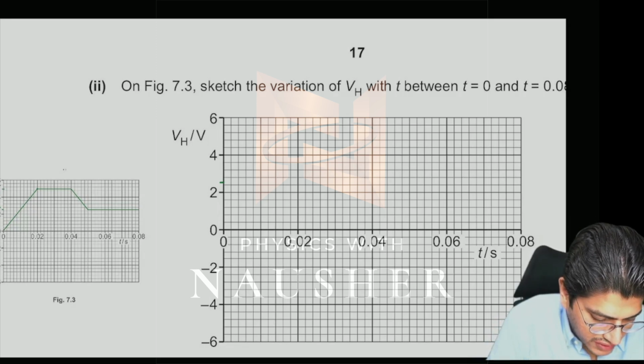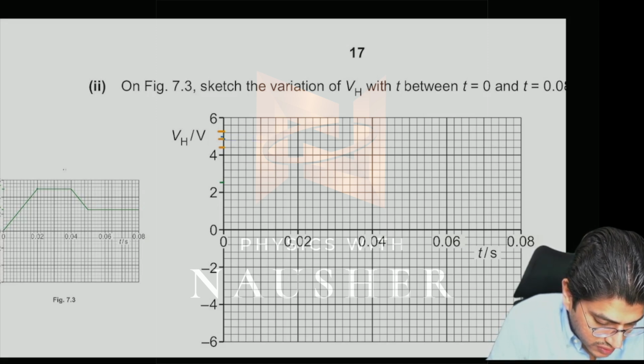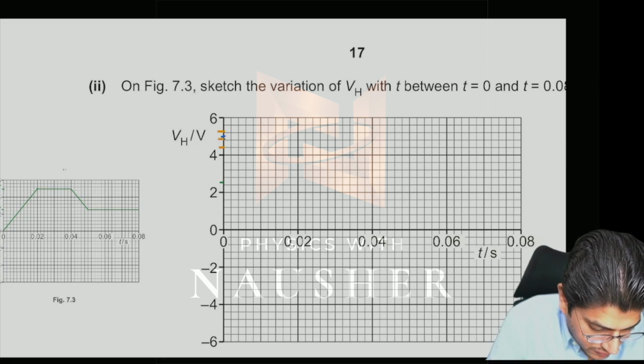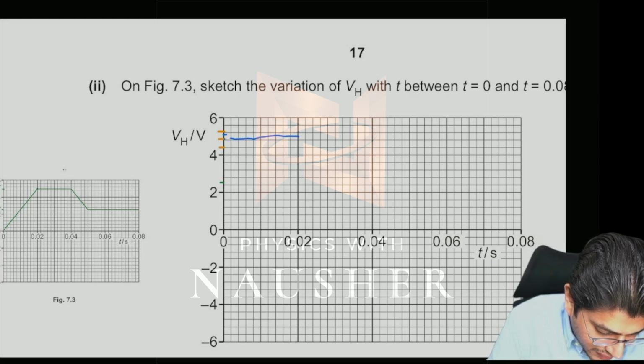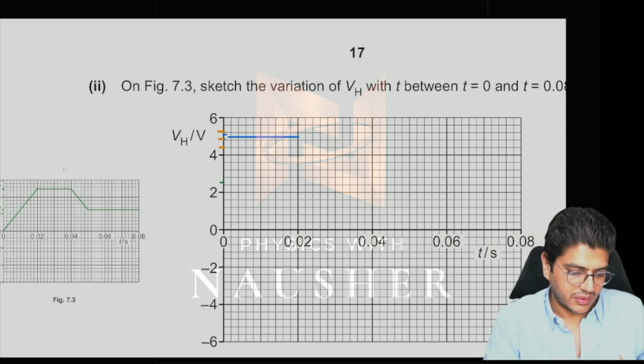Look at how I scale it. 4.4, 4.8, 5.2. What is the center of 4.8 and 5.2? That's 5. So not this, here in the middle. Yeah, so this is the value.